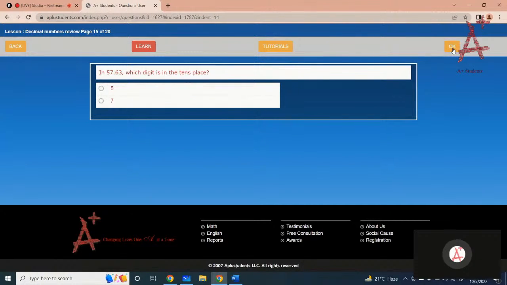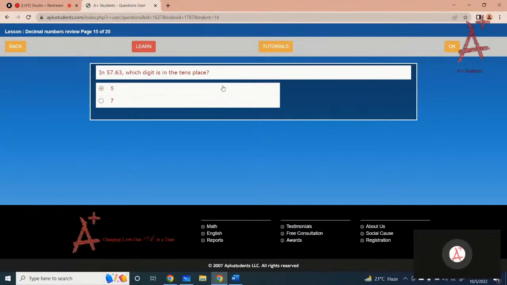Okay, in 57.63, which digit is at the tens place? 5 or 7? Yes, it is 5. Got it?